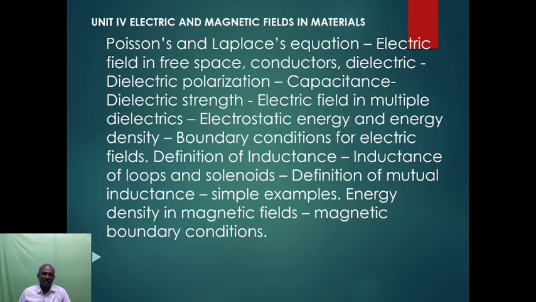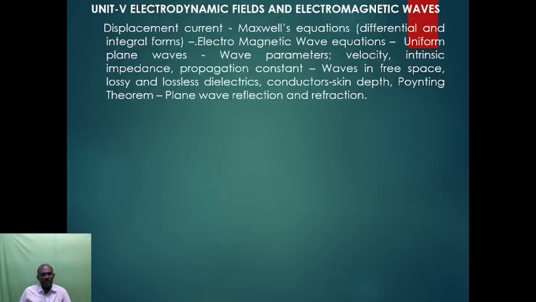How can we relate the field mathematically, and how to calculate magnetic field in inductors and electrostatic field in capacitors. In this unit we also cover the boundary conditions for electric fields and magnetic fields. It's all about the topics involving electric and magnetic fields in materials.